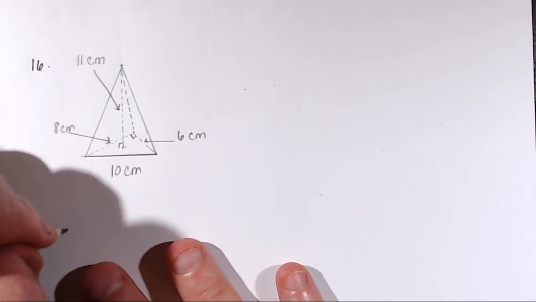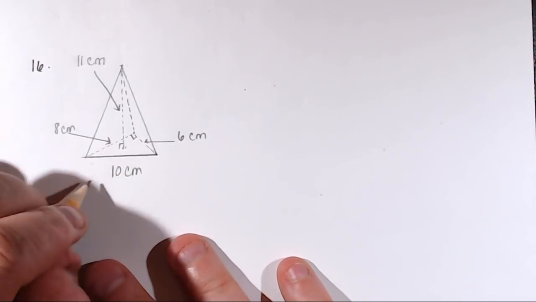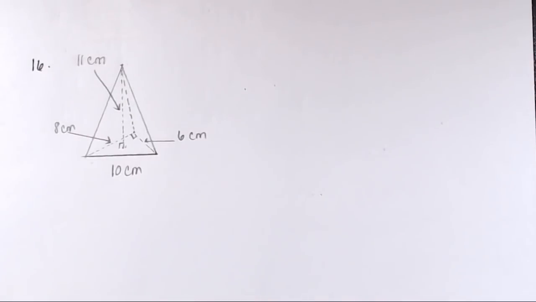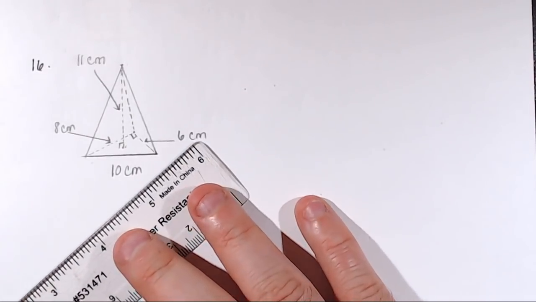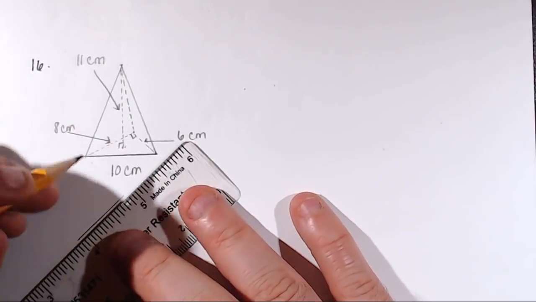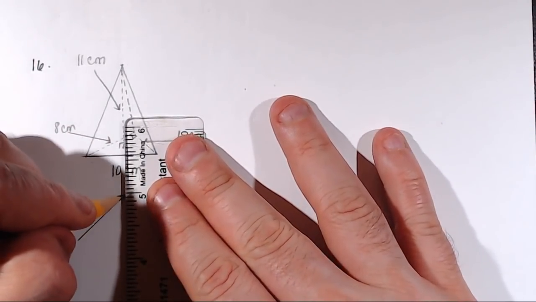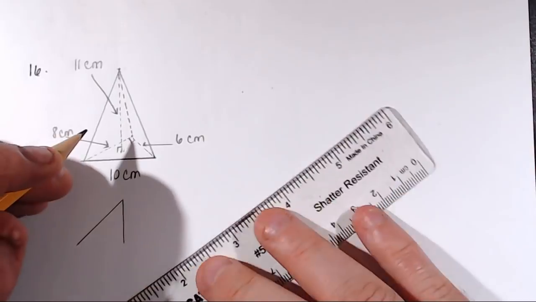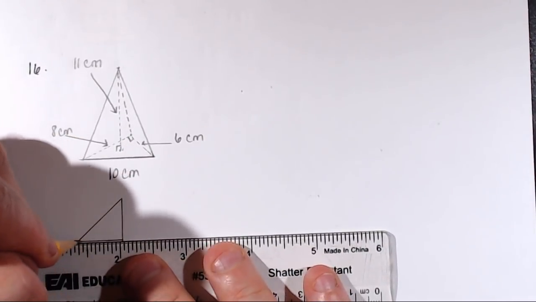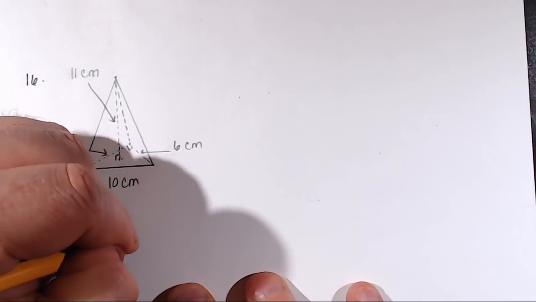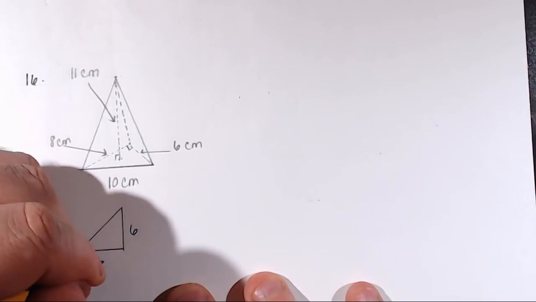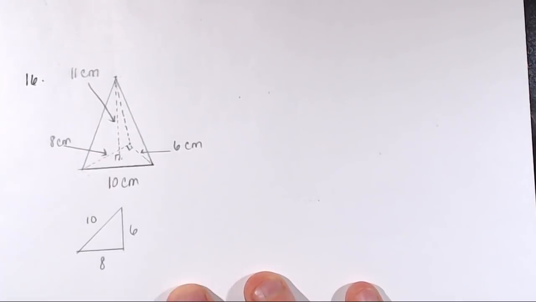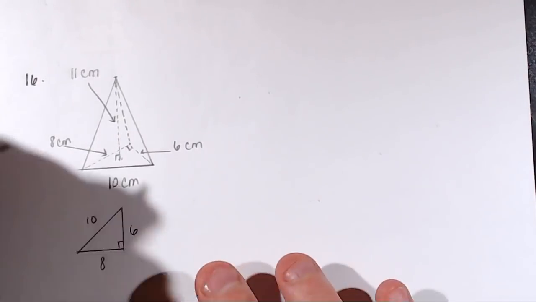Well, what is the area of this base? If you think about the base triangle, if I just bring it up, it has 6 and 8 and 10 right there. So we have to multiply base times height divided by 2.